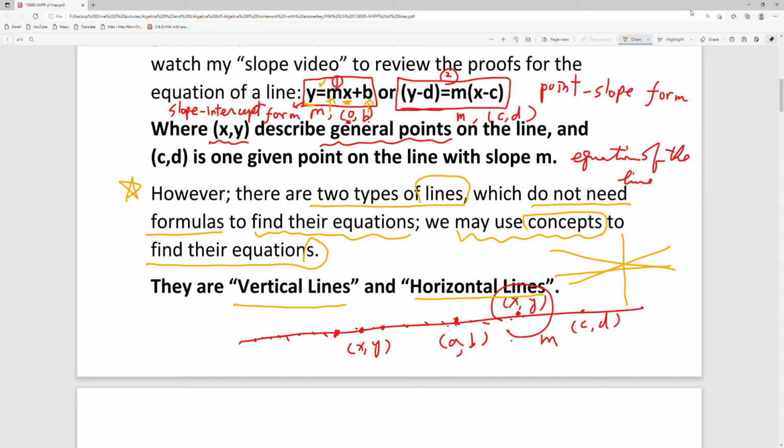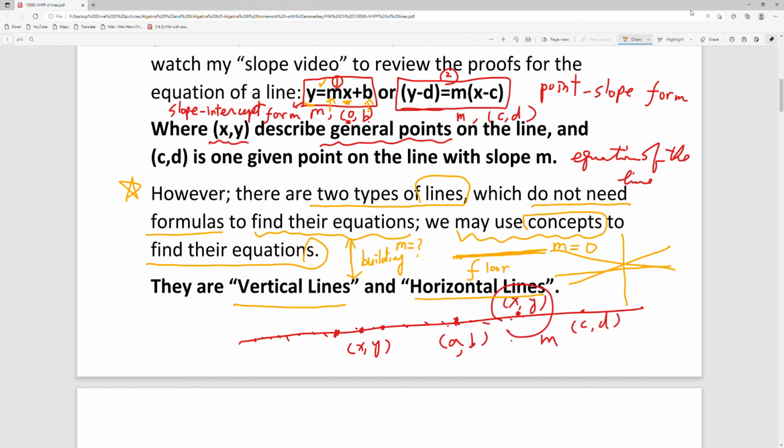When we talk about vertical lines, it means upright like a building. Or horizontal lines like a floor. If you have a whole floor, the line is horizontal. Obviously, the slope is 0, no doubt. But how about a building? What's the slope for a building?